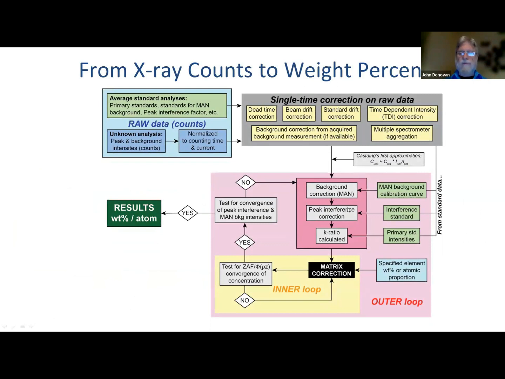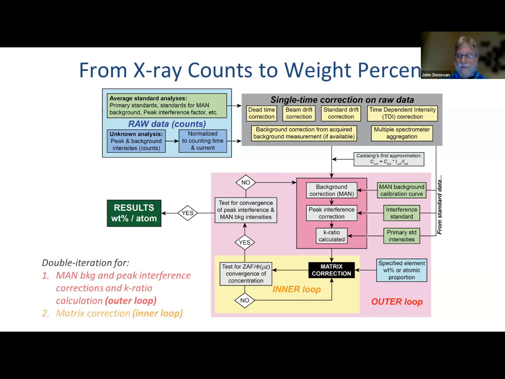But some of the corrections, like the MAN background correction and the quantitative interference correction right here, you see that, is an internal iteration loop that gets recalculated for every new matrix correction iteration. So it's a double iteration loop. It's an iteration loop here, then it's an iteration loop here. And this is what allows the interference correction to be completely quantitative. And that applies equally well to other types of corrections involving unanalyzed elements.